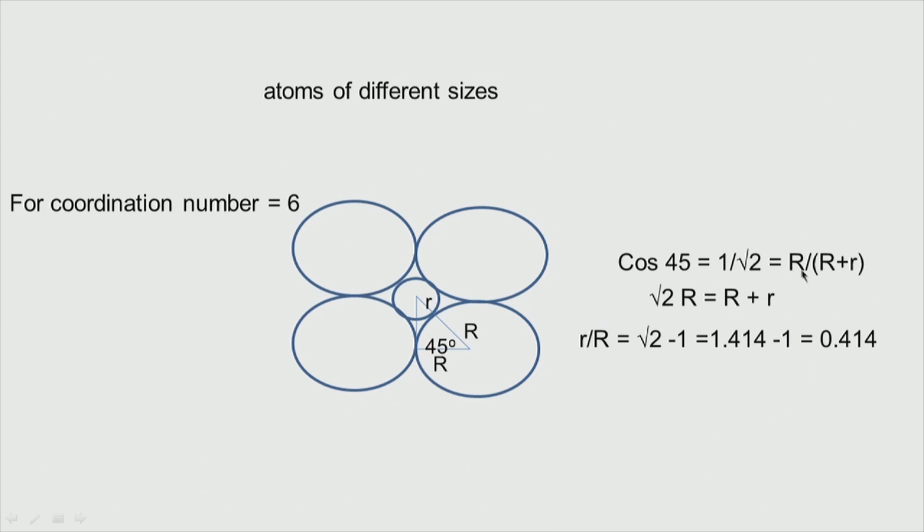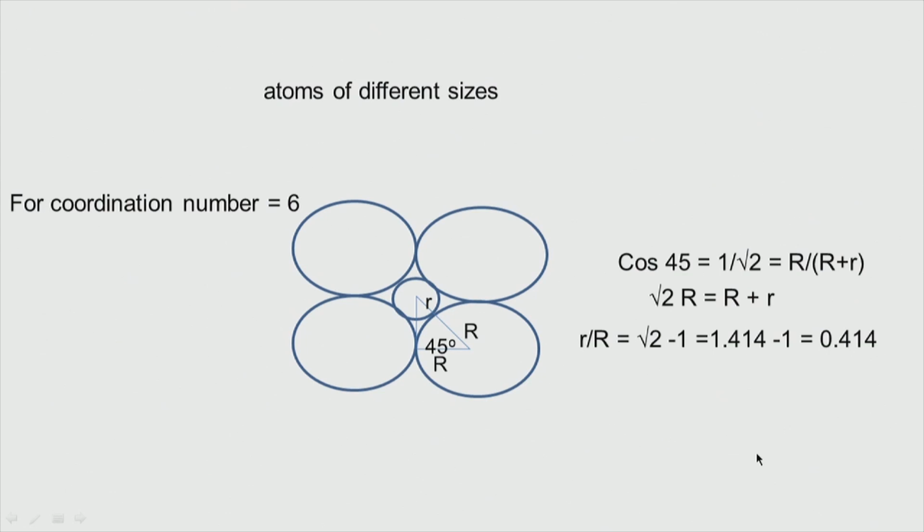So cos 45, which is 1 by square root of 2, equals r divided by R plus r. If I rearrange this, square root of 2 r is equal to R plus r, then I divide by capital R, and I end up with r by R is equal to square root of 2 minus 1. Square root of 2 is 1.414, minus 1 is 0.414. So the ratio of the radius, this small r by capital R, is 0.414.